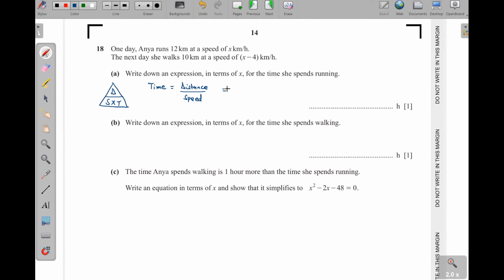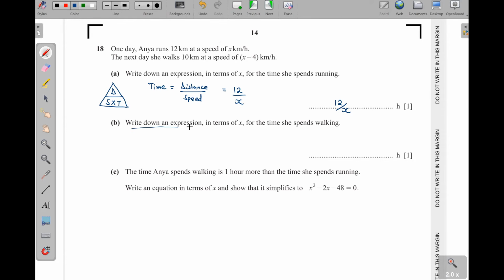And what is our distance here? They said she spends running. The distance is 12 kilometers. The speed is x. That means our answer is going to be 12 over x.